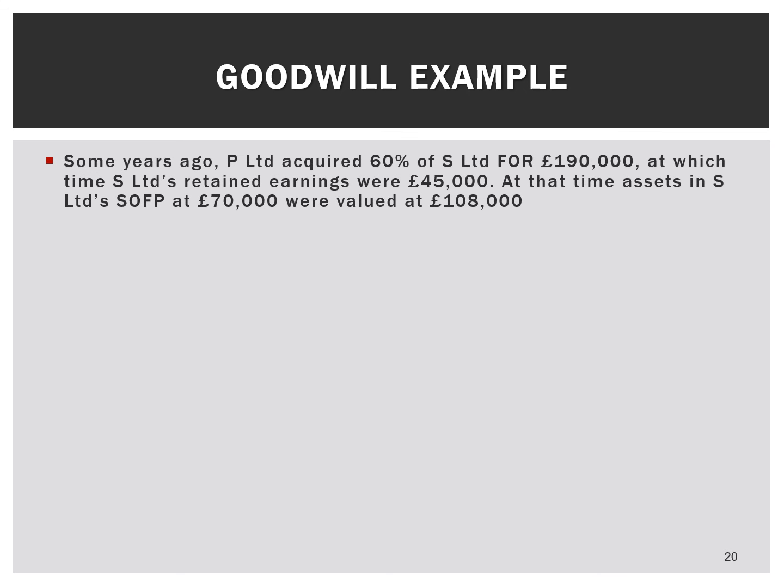Now here's a second example, and we'll do the calculation this time in a slightly different way. In this case we've acquired 60% of S Limited, so we still have control, and we paid £190,000 for 60% of S Limited's shares. The retained earnings in the balance sheet at the date of acquisition were £45,000, and at the time we bought the shares, some of the assets in the statement were recorded at a value of £70,000 when they were actually worth £108,000.